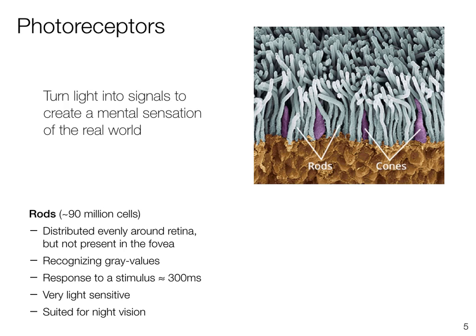And they have a response to a stimulus within about 300 milliseconds, which is a bit slower than the other type we're going to look at in a second. They are light sensitive, so they allow us to see also in dark situations. So they're very well suited for night vision.